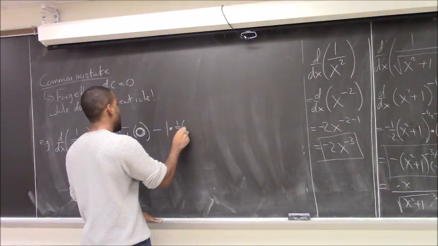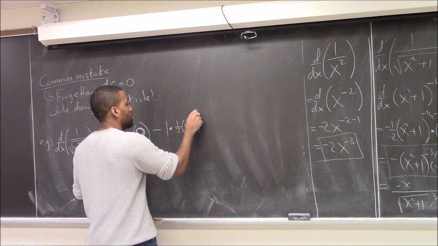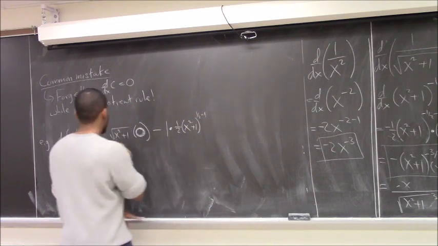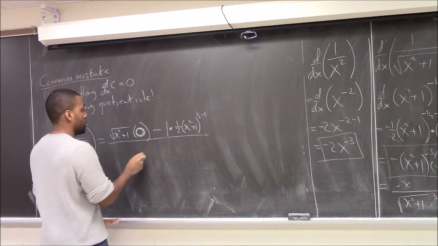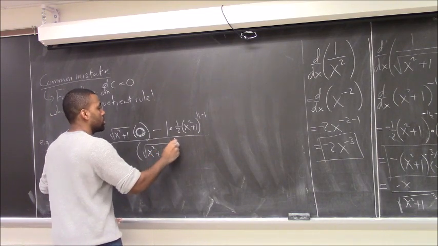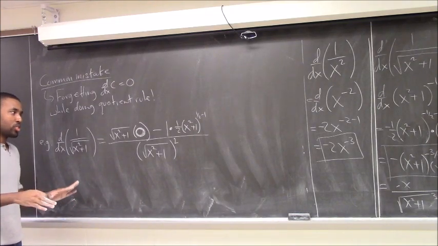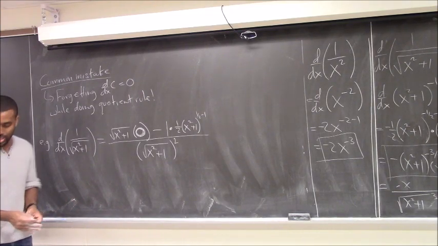So that's going to be a half x squared plus 1 to the 1/2 minus 1, all over this guy squared. So in the first place, it already looks kind of messy. If you're especially not up to scratch with the algebra, you'll probably make a mistake here.